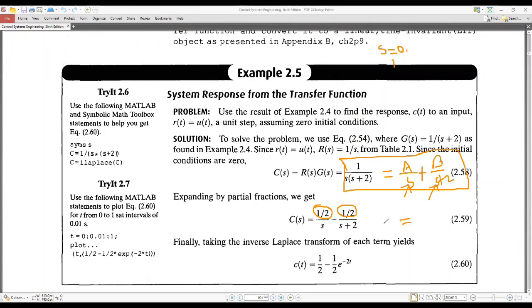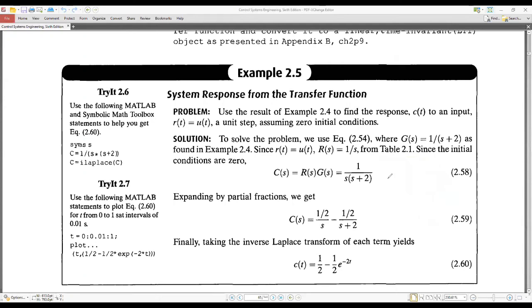That means C(s) would be like this. If you put 0, B by 2, so B will be half. Let me write it again very clearly.